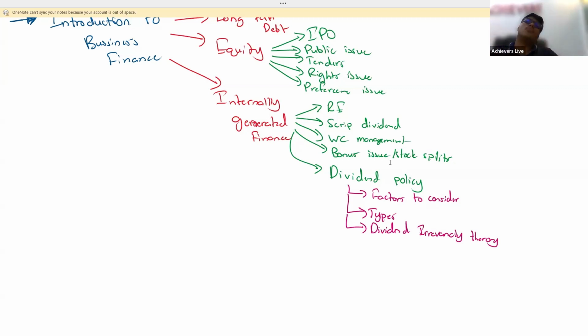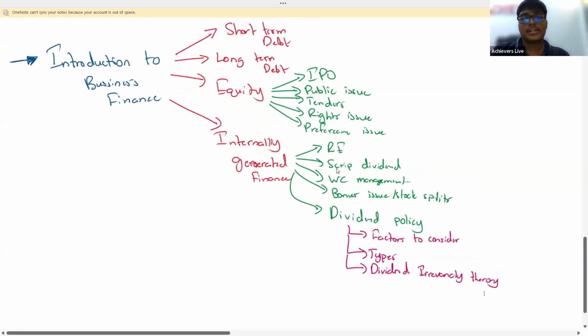So you can do whatever you want. Dividend is irrelevant. Dividend does not matter. You have to remember the assumptions in this theory: no tax, no personal income tax, perfect capital market, no transaction cost. What is the next thing?